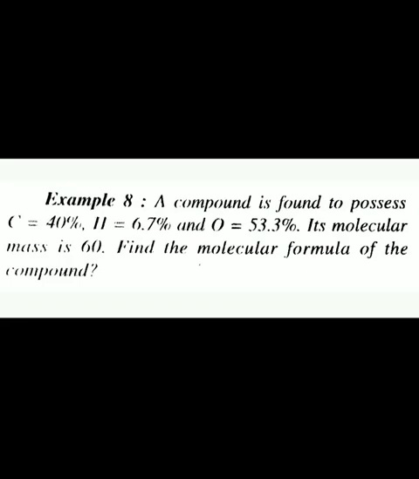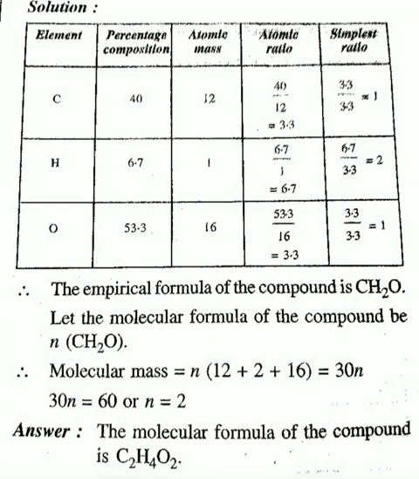Find the molecular formula. Here percent is given. That means you have to find out the empirical formula first. Then after that, molecular mass is given, so you have to find out the molecular formula. So here, first, in the similar way, you have to calculate the empirical formula. In the first column you write the element, that is carbon, hydrogen and oxygen.